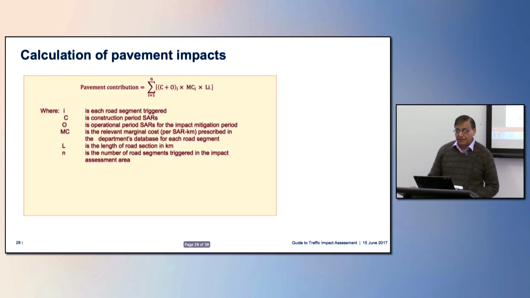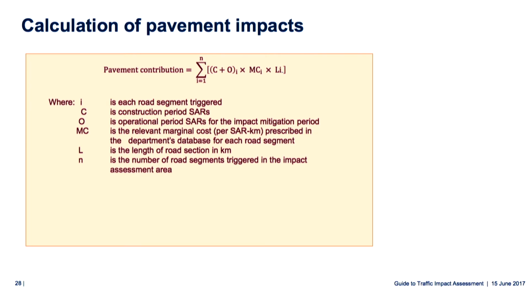Now this is the model which is used for calculation of the pavement contribution. The calculation is done taking into account the construction period as well as the operation period for each road segment triggered. Now MC is prescribed in the departmental database for each road segment, which is per SAR per kilometer.